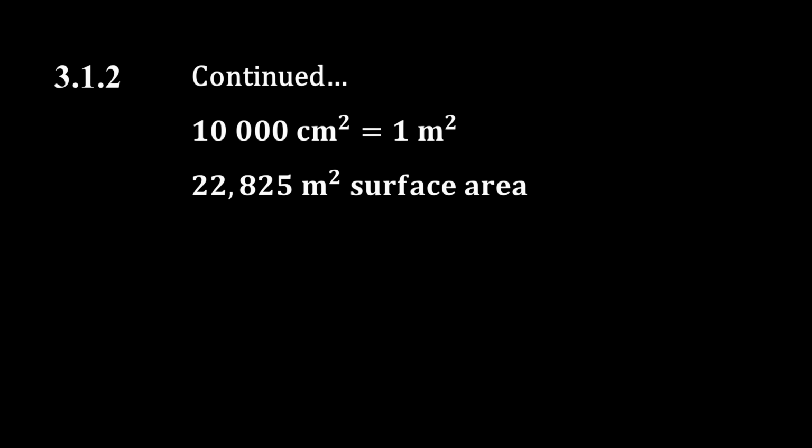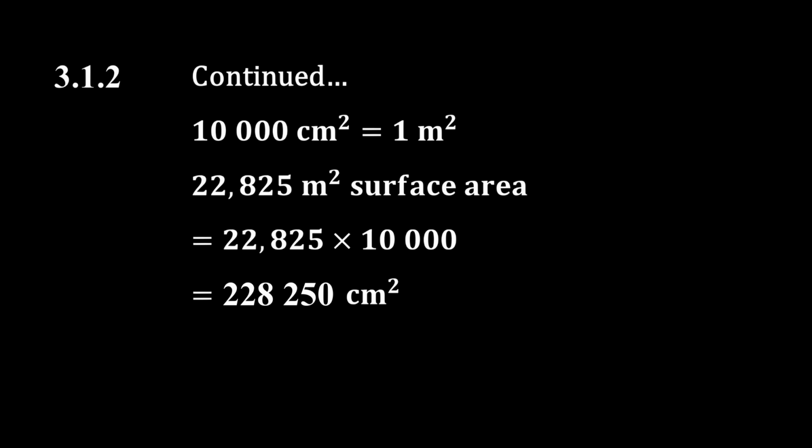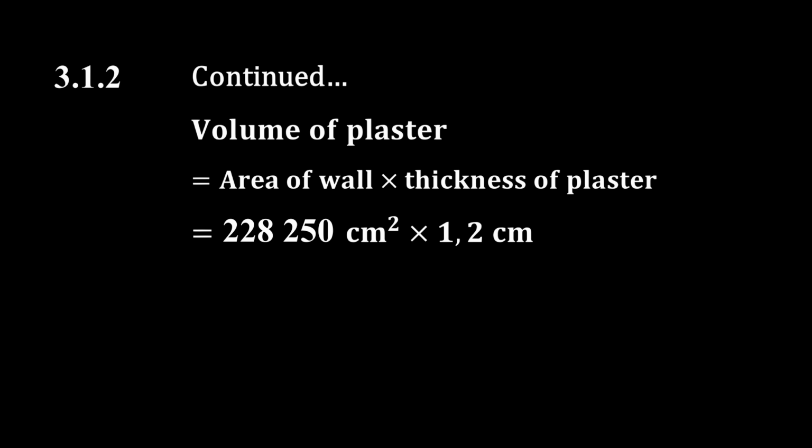So 22,825 square meters is 22,825 multiplied by 10,000, and this equals 228,250 square centimeters. So the volume of the plaster is the total area of the wall of 228,250 square centimeters multiplied by the thickness of the plaster of 1,2 centimeters, and this equals a volume of 273,900 cubic centimeters.